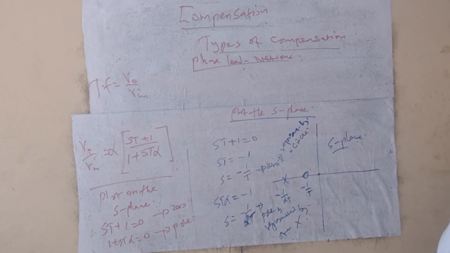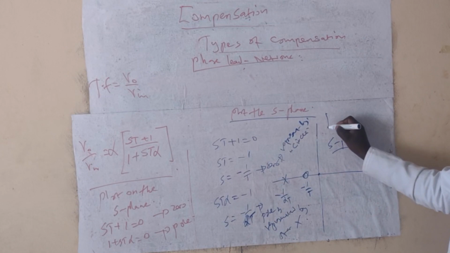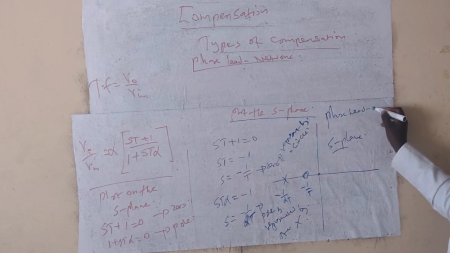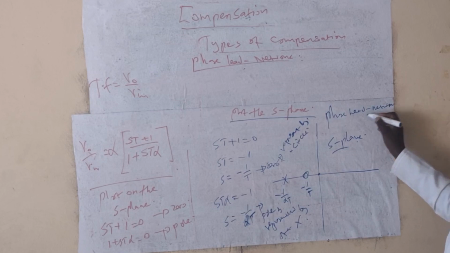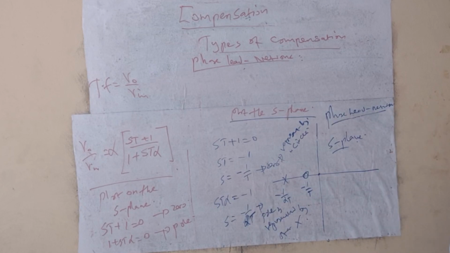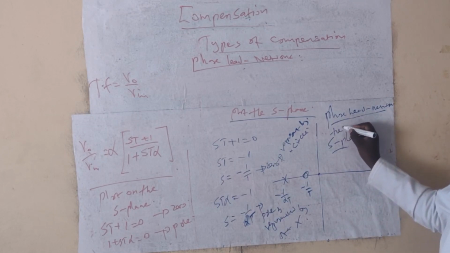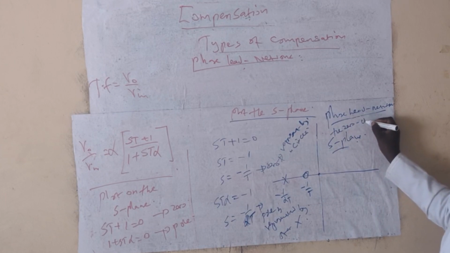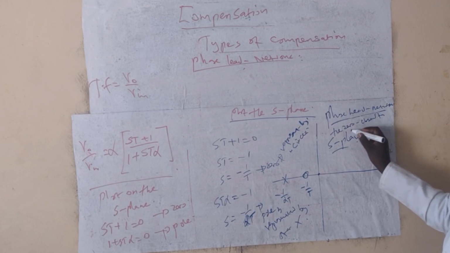So from this, you can realize that in the phase lead network, the zero is close to the origin.